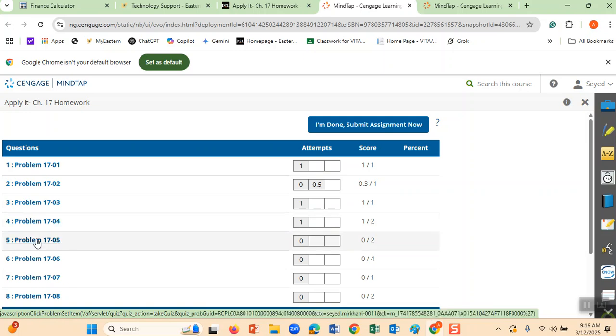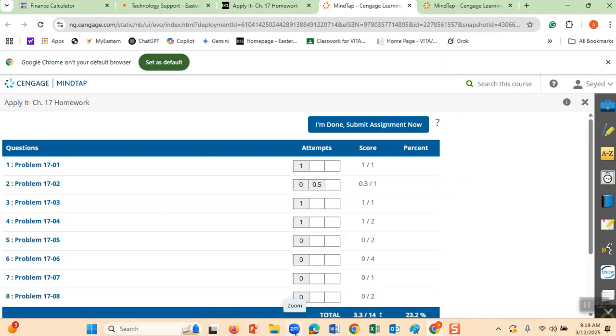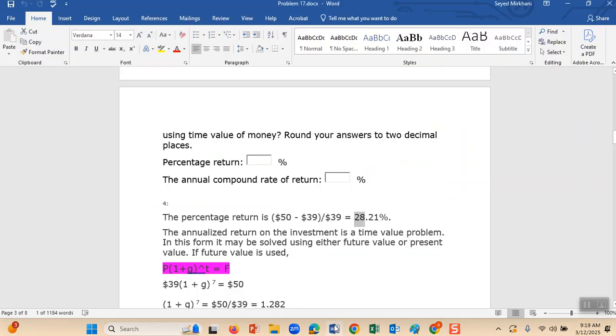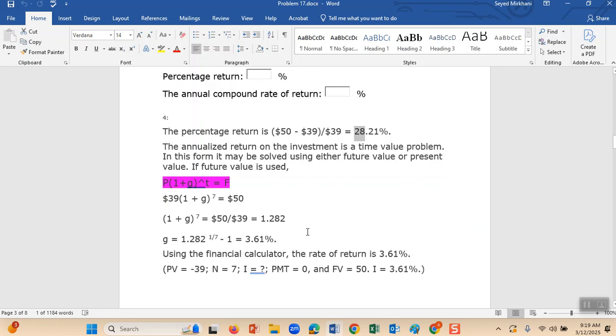Let's look at problem 17.5. I don't use Excel for it, we just want to talk about it to make sure you understand the concept of the chapter. And I come here and see what problem 17.5 is.